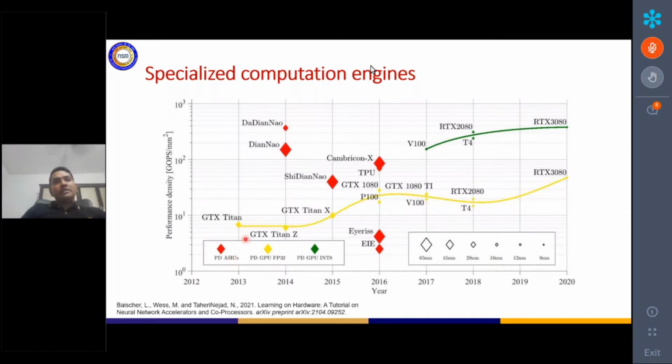That is why you can see that the performance density is much higher in these ASICs, because they are specialized in running AI benchmarks only for a given data type or given precision. So their performance density, or GOPS per millimeter squared, performance per area, is much higher.